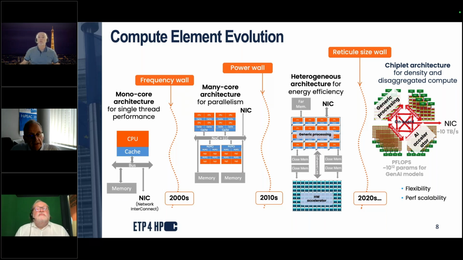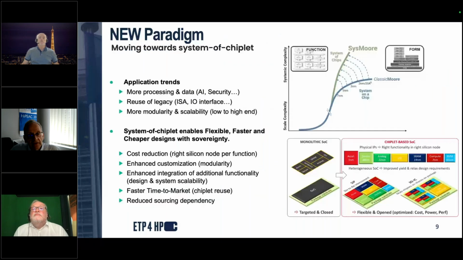Next, let's dig a little more into this chiplet idea. So we see the evolution from classical Moore, where we put more transistors and increase the frequency, to SysMoore, where we have more, as Craig said, system on a chip.